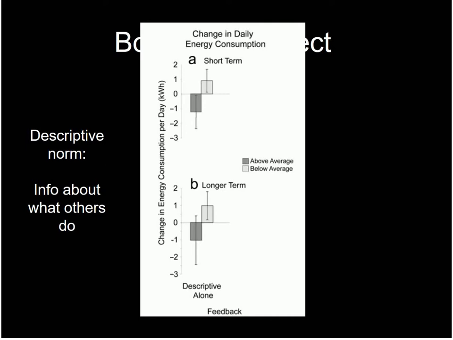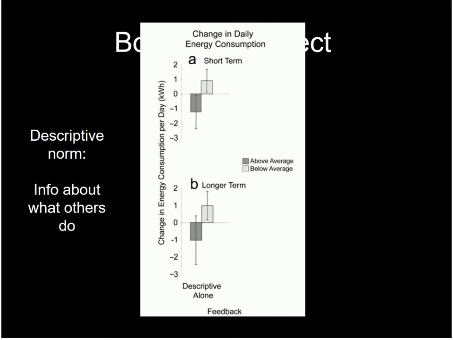And what you see is that if you were an above average energy consumer, so if you were a bad actor, then you reduce your energy consumption. But if you are a below average consumer, that is, if you're a good actor, then you do see this boomerang where people significantly increase their usage when they find out that actually other people are using more than them.